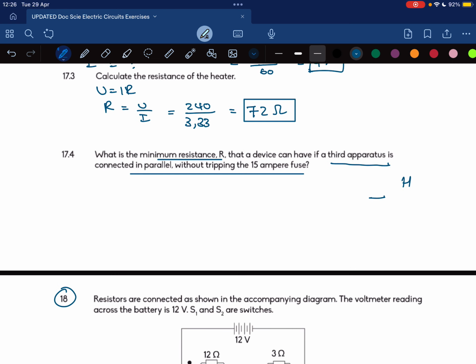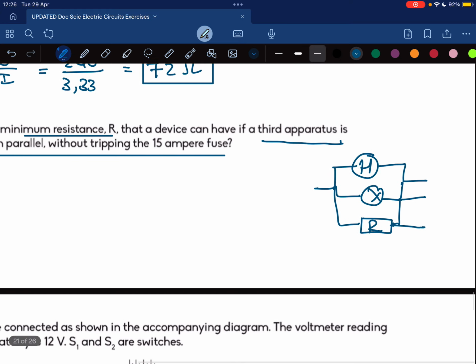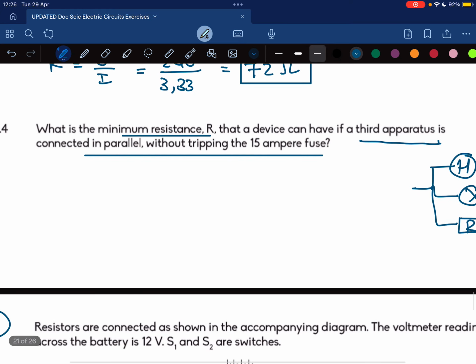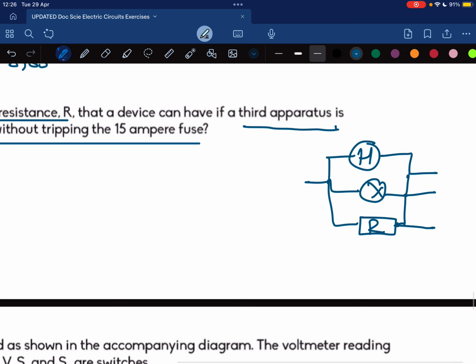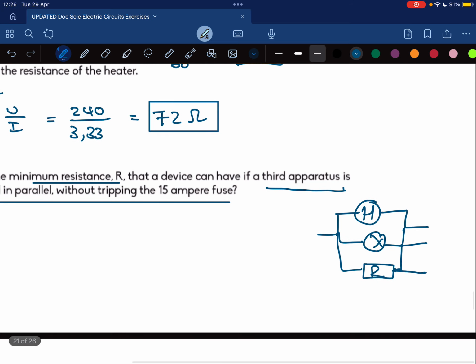We have the heater, we have the light bulb, and now we have this third resistor that we'll just call R because that's what they said. Now they want to know what is the minimum resistance. In order for me to figure out the minimum resistance, I have to basically figure out how much current I have left.